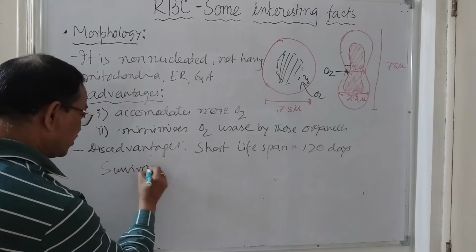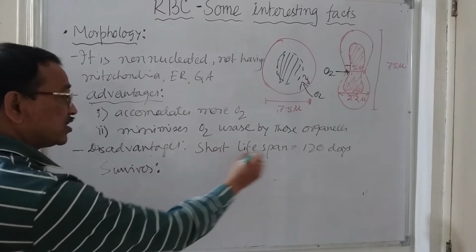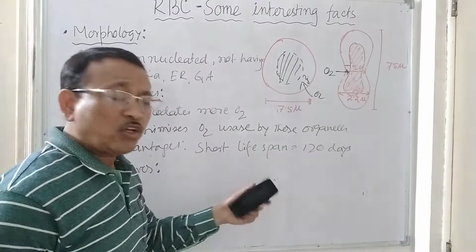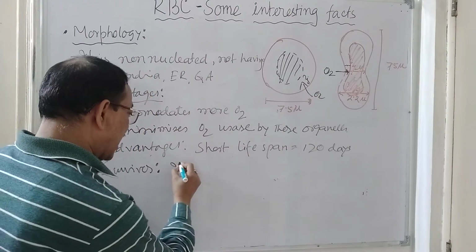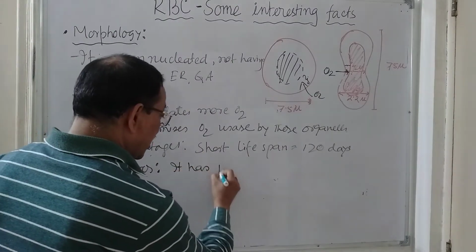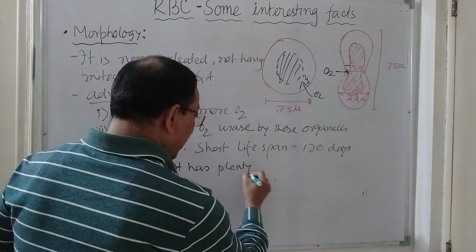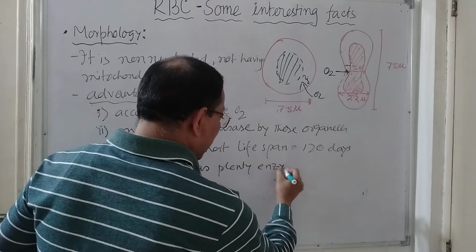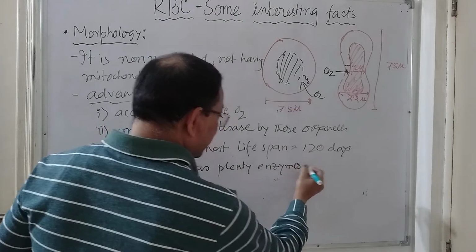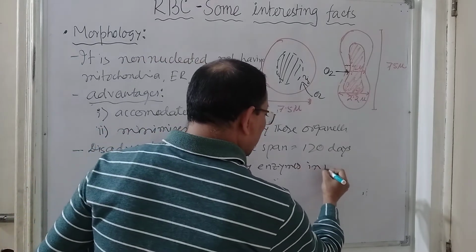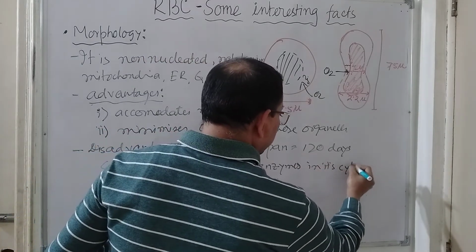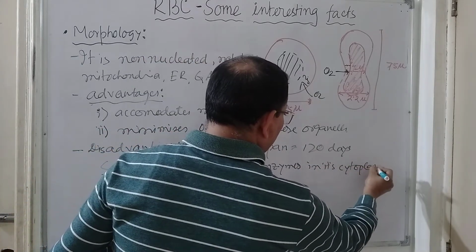The RBC survives for these 120 days because it has a plentiful amount of enzymes in its cytoplasm.